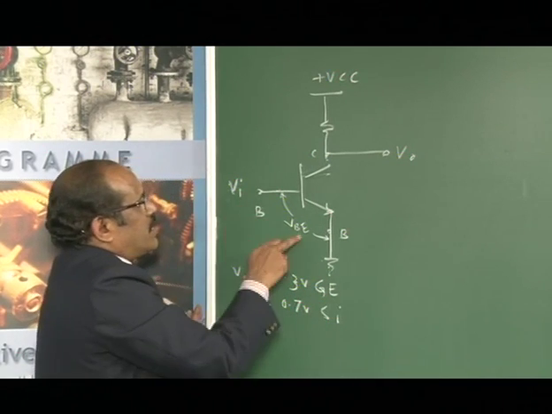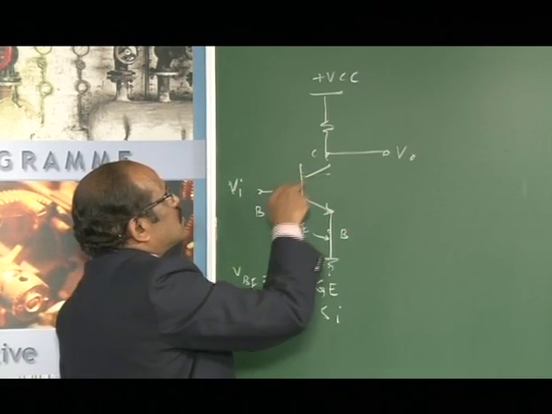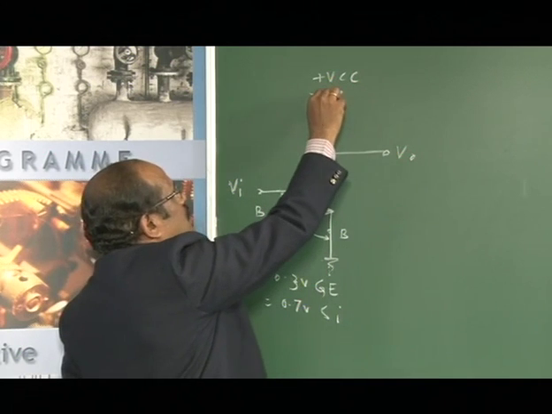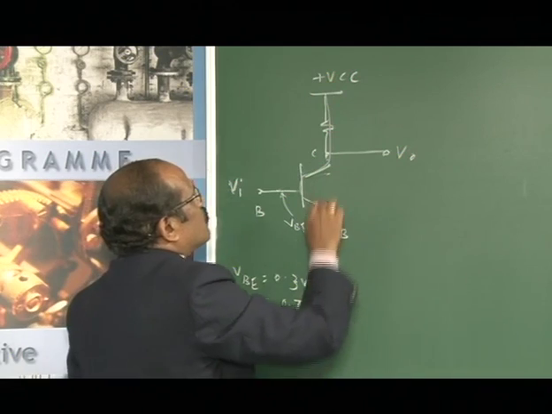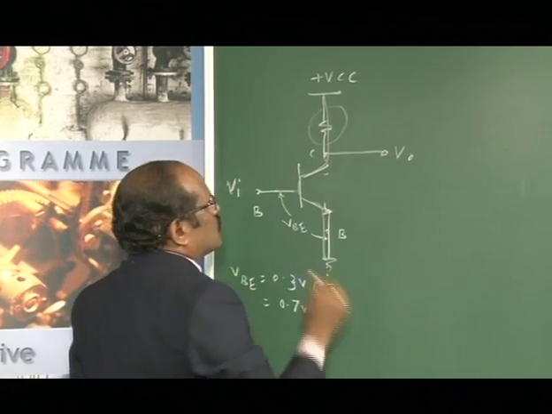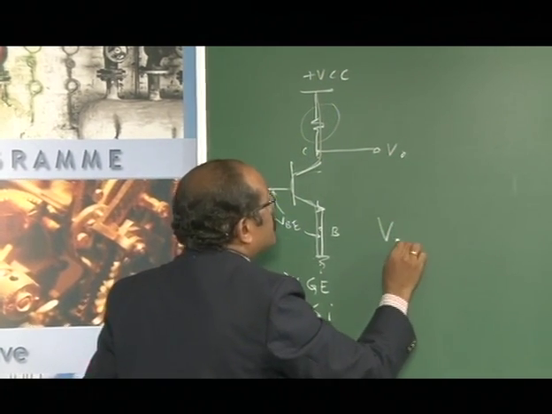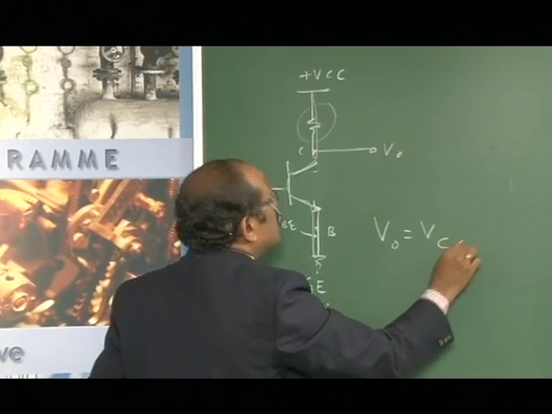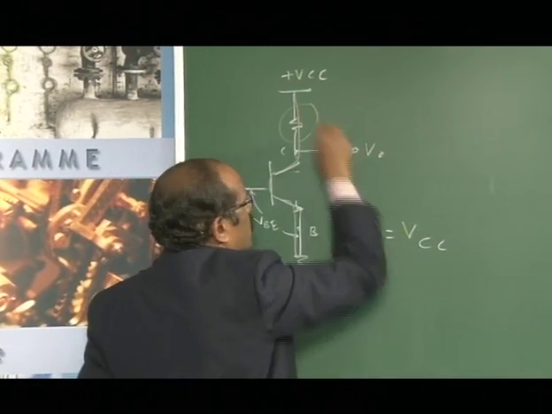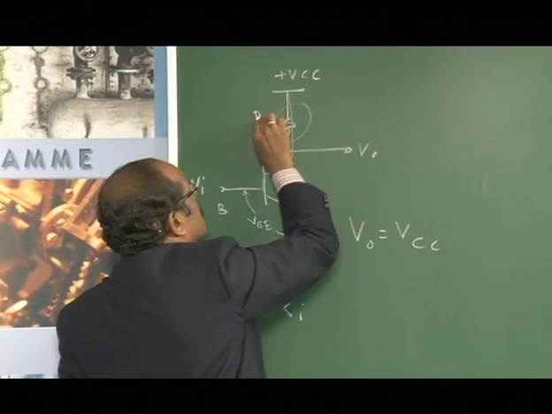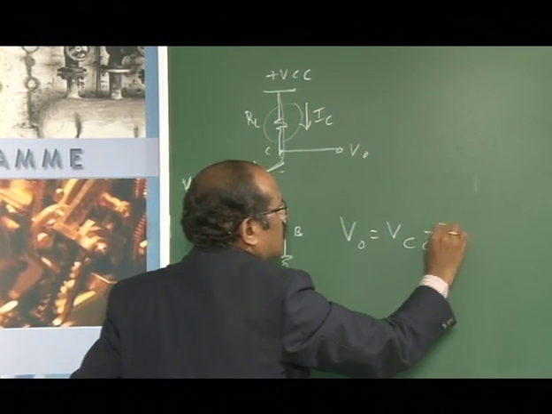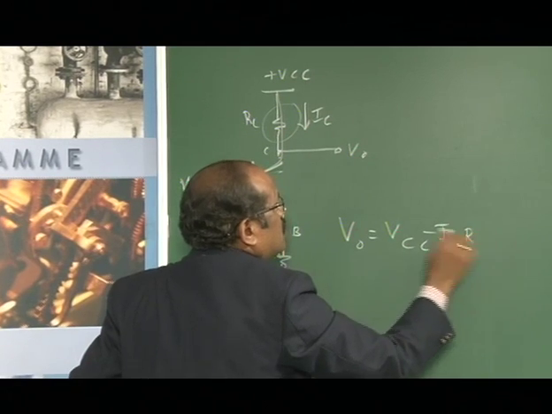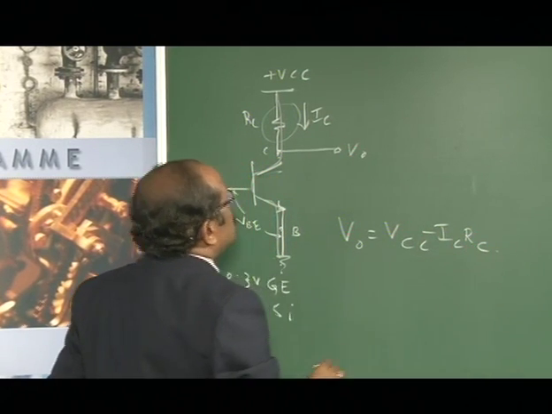When Vi exceeds VBE, the transistor conducts. When the transistor conducts, there will be a current through it, and therefore a voltage drop. If you write the output equation, it is VCC minus the voltage drop across RC, assuming the current flowing through it is IC, so it is VCC minus IC times RC.